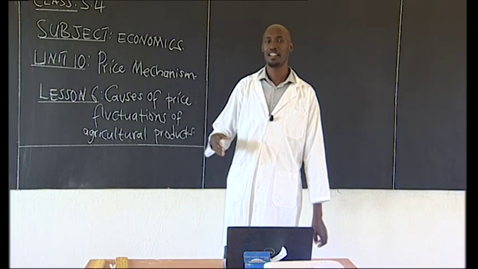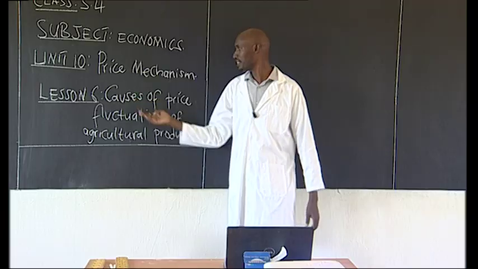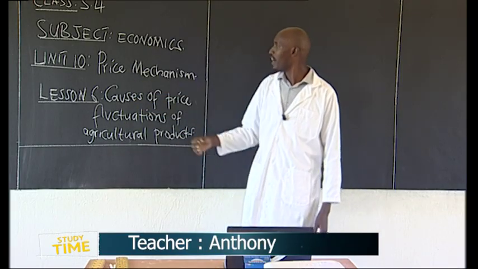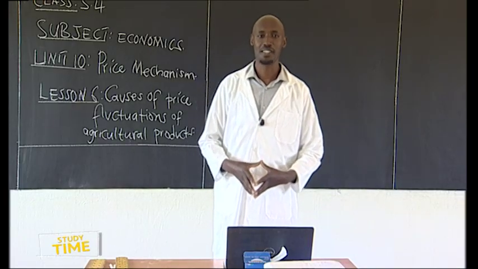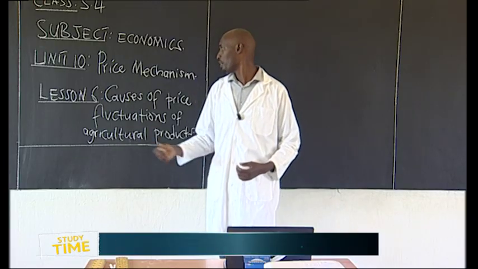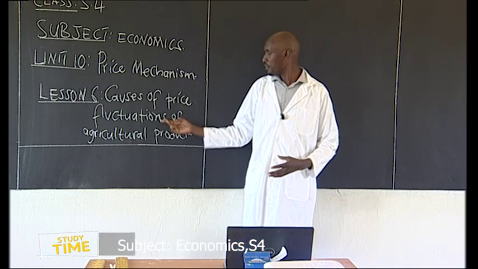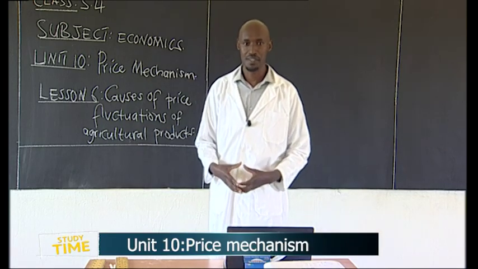Today, I'm happy that I have brought for you a new lesson. Our unit remains Unit 10, Price Mechanism, but the lesson we are going to look at is the causes of price fluctuations of agricultural products.